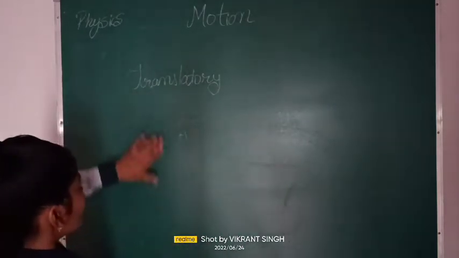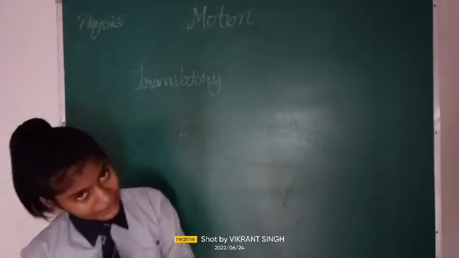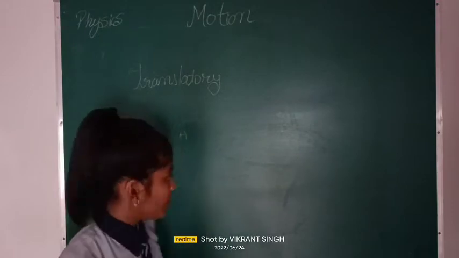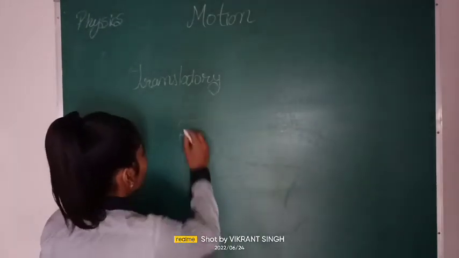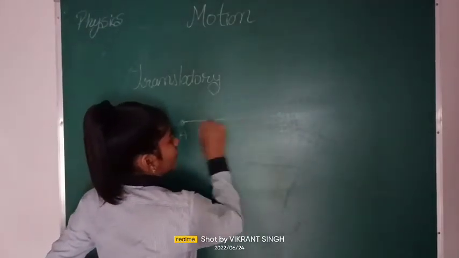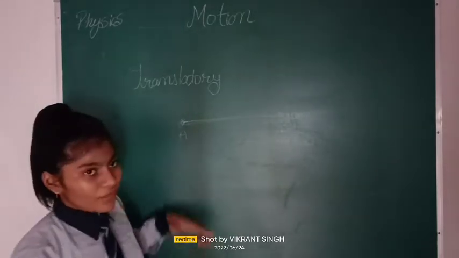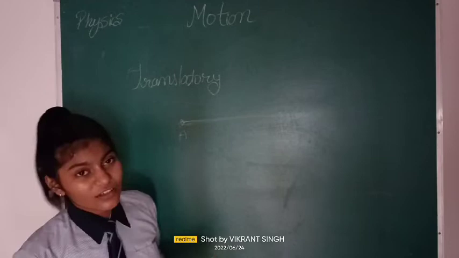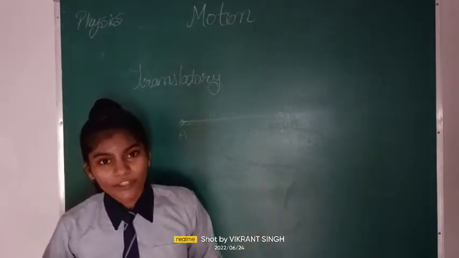Now translatory motion has two more types, rectilinear and curvilinear. Rectilinear is the motion where we move in a straight path. The second type is curvilinear, when the path is a curve.